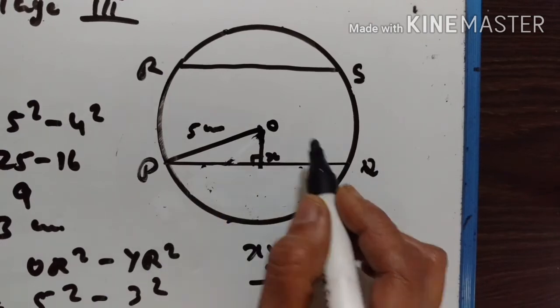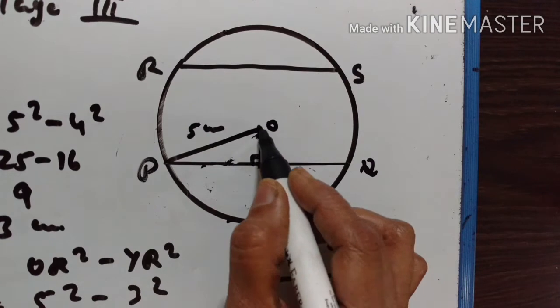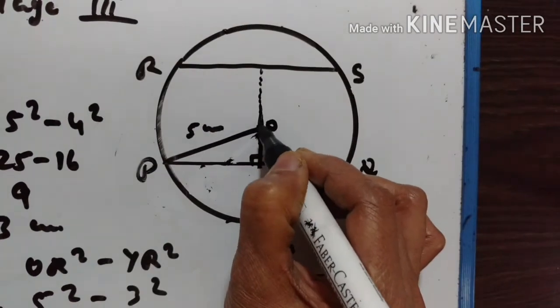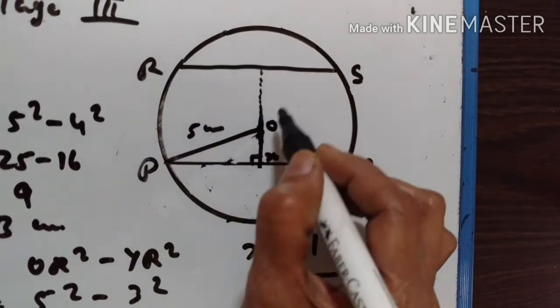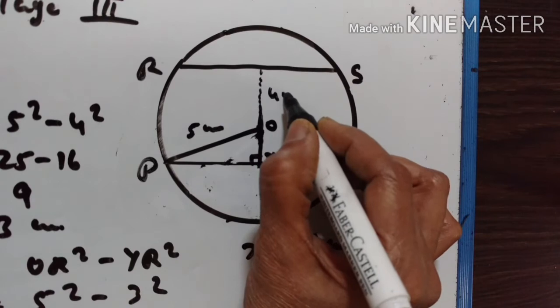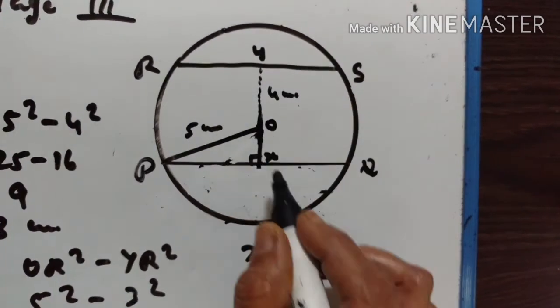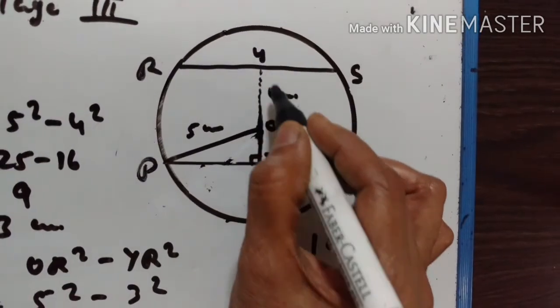If PQ and RS are on opposite sides of the center, then the distance of RS from the center is equal to 4 cm. OY is equal to 4 cm, OX is equal to 3 cm.